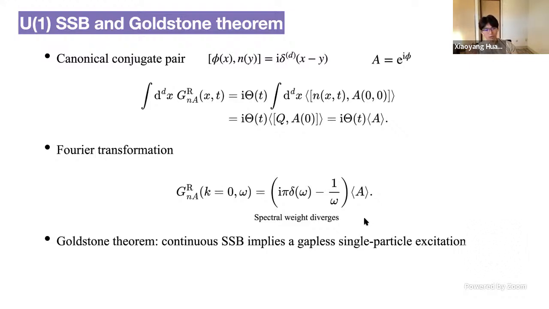If you do a Fourier transform, you'll see that the imaginary part of the retarded Green's function, which is the spectral weight, has support at zero momentum, and there will be a single particle excitation that costs zero energy, which is really a condition of gapless excitations. So what Goldstone's theorem says is that if you have a continuous SSB, it implies gapless single particle excitations.